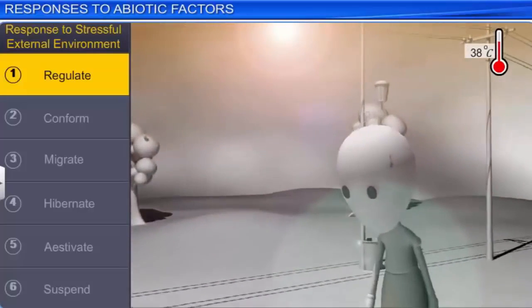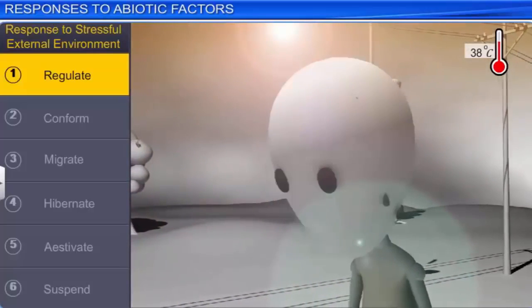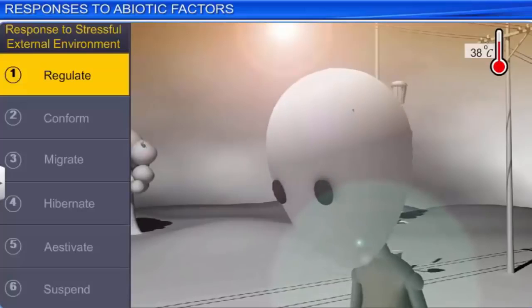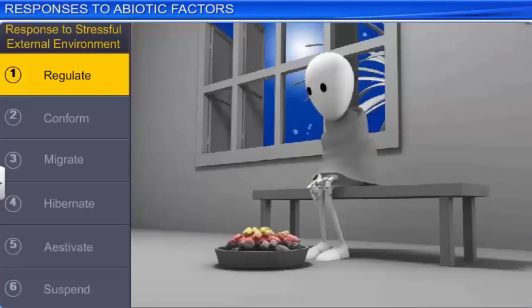This results in evaporative cooling, which lowers our body temperature. Likewise, in winter, when the external temperature is much lower than our body temperature, we shiver. Shivering generates heat and raises our body temperature.